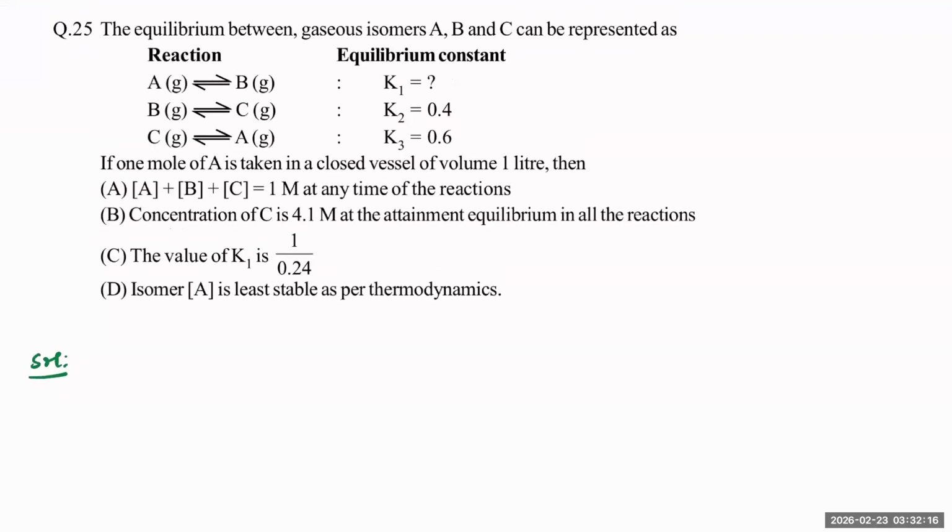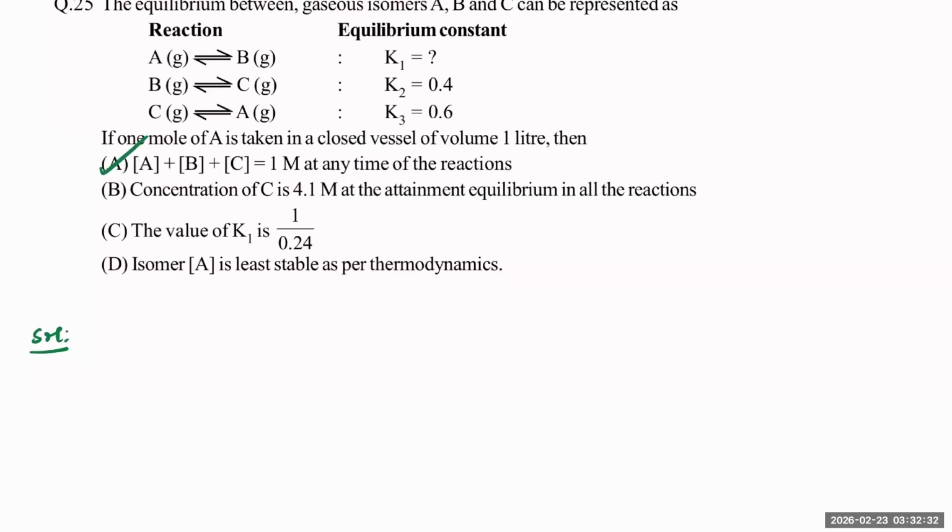See, A and C is not a difficult case because you must have noticed that A was initially taken as 1 molar. So obviously, as the equilibrium reaches, A, B, C together will remain as 1 molar. So there is no problem in A. A is correct. And you also see that the overall reaction is basically A forming A only.